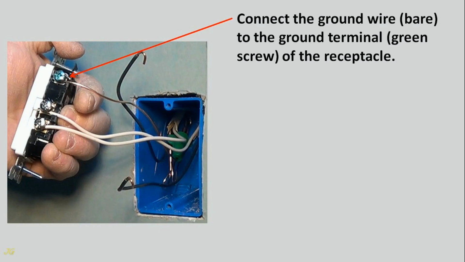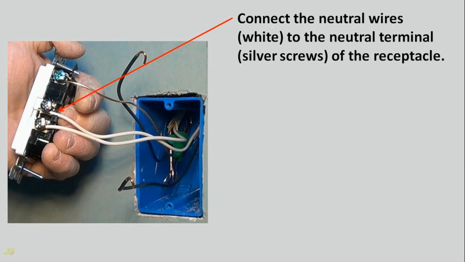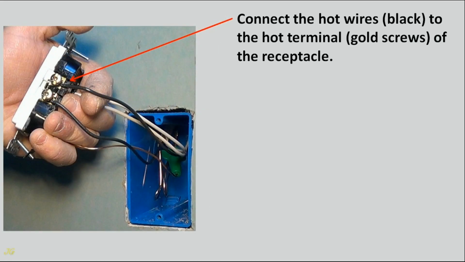Connect the ground wire, bare, to the ground terminal, green screw, of the receptacle. Connect the neutral wires, white, to the neutral terminal, silver screws, of the receptacle. Connect the hot wires, black, to the hot terminal, gold screws, of the receptacle.